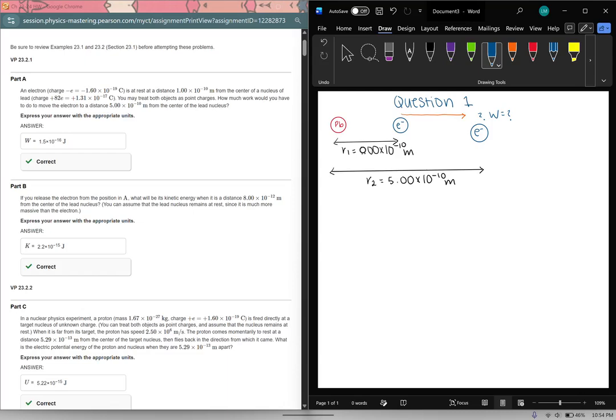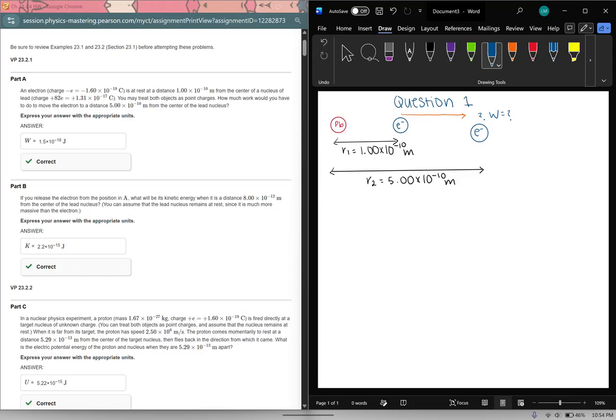For the starting distance, the r initial, which is this one right here, we're going to name it r1, or r initial, it's the same thing. Then we have r final, which is going to be r2.